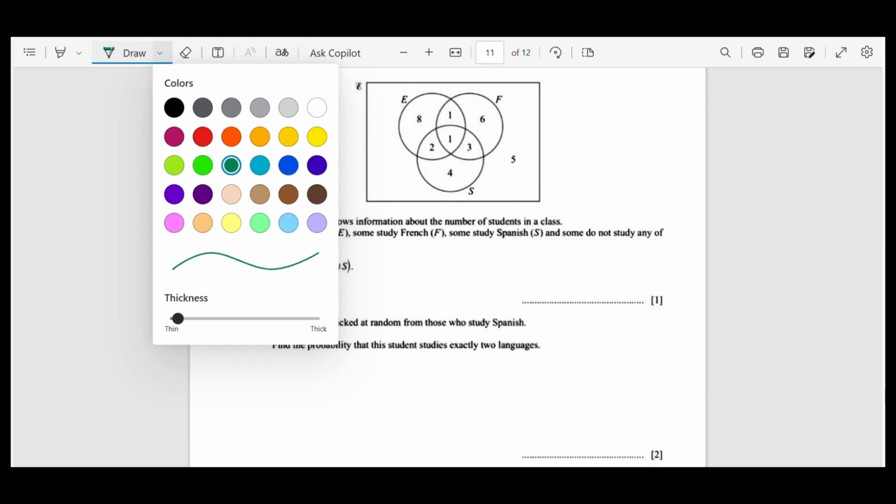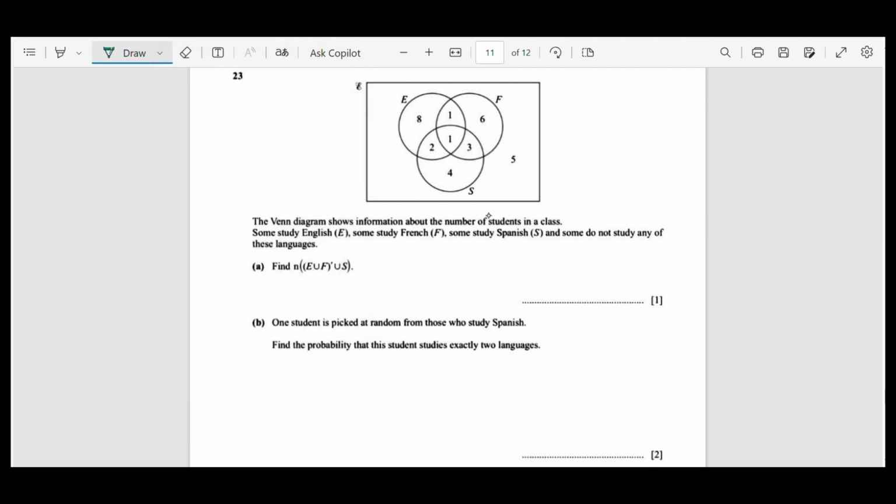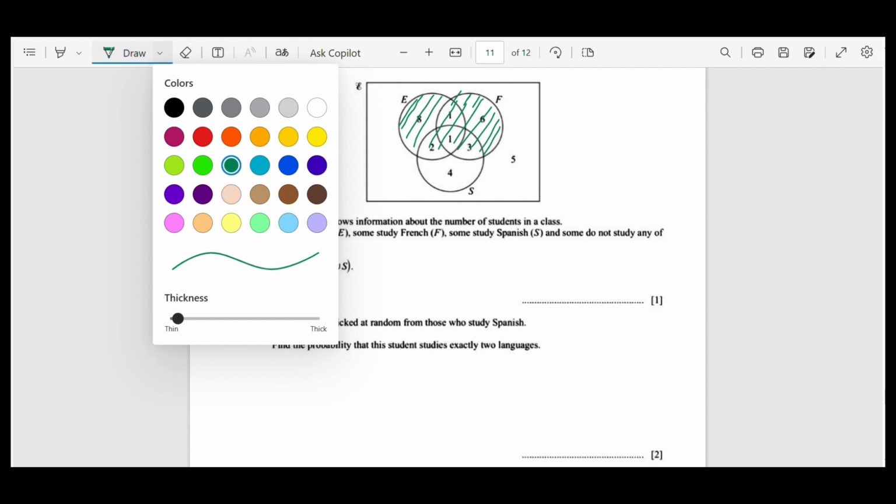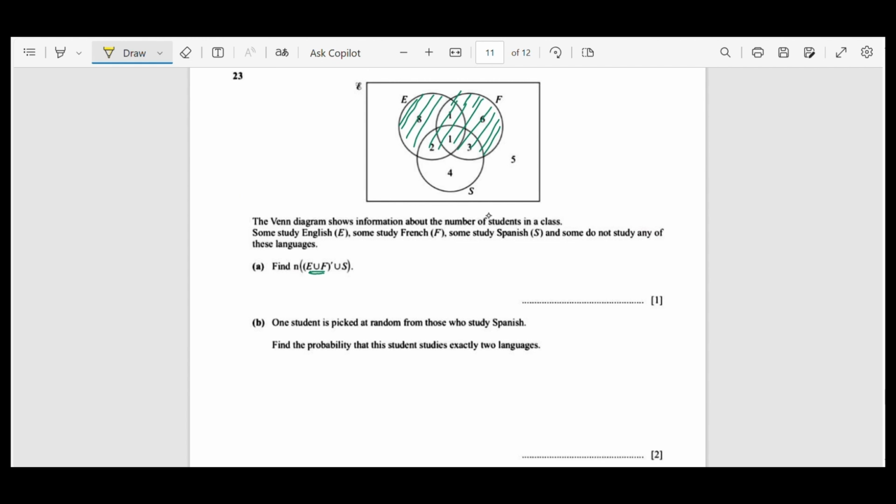Right. So in this, first we will find E union F complement. E union F means this part, right? So this part is E union F, and we need to find the complement. I will take another color, yellow, and the complement part will be this portion.